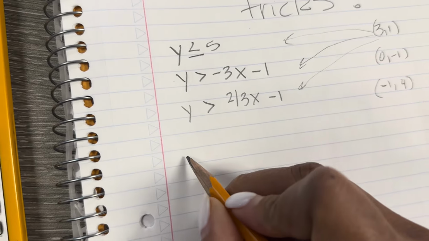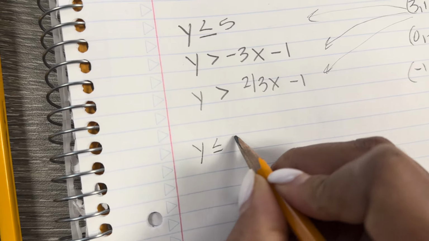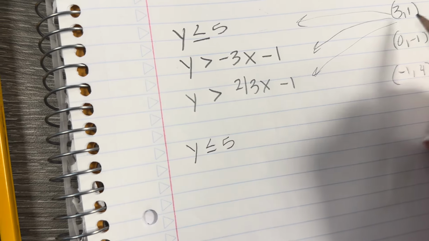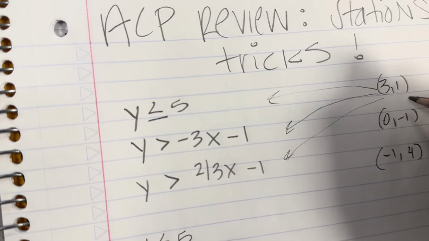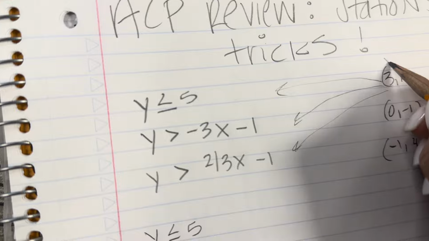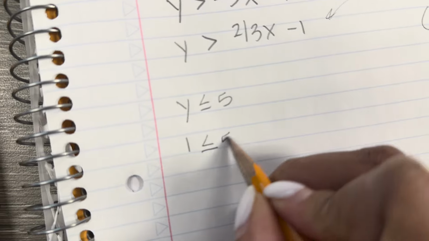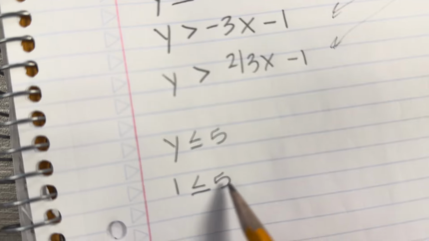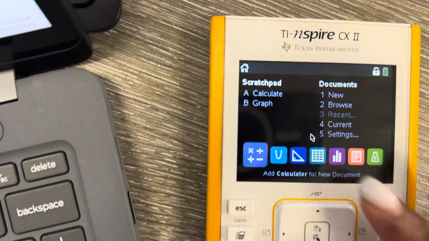So let's go ahead and try the first point. So in your calculator, you're going to write y is less than or equal to 5. Let's try this point here, right? 3 is your x, 1 is your y. So 1 is less than 5. Is that true? Well, you know that's true in your head, but you can try it on here.